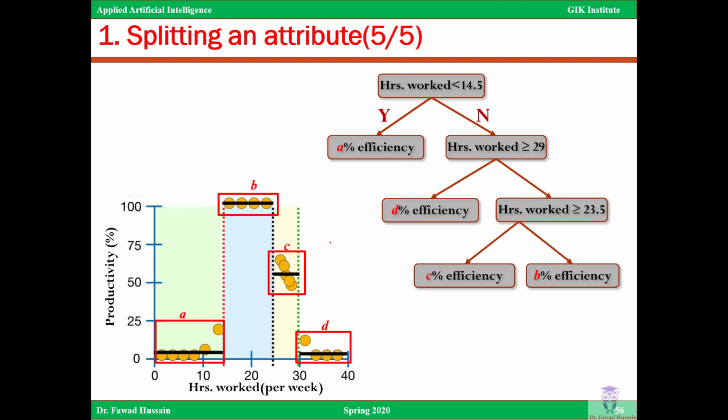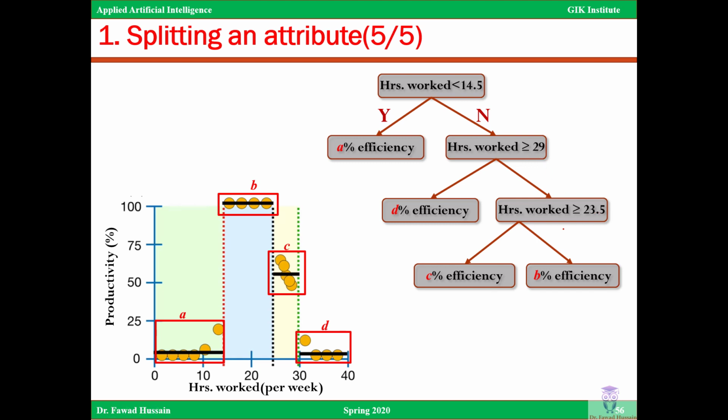So this is how the final tree is going to look. If I continue doing that, I'm going to have 4 different leaf nodes. So 3 splits corresponding to 4 leaf nodes. So we have arrived at the original tree where the hours worked were less than 14.5, greater than 29, greater than 23.5.